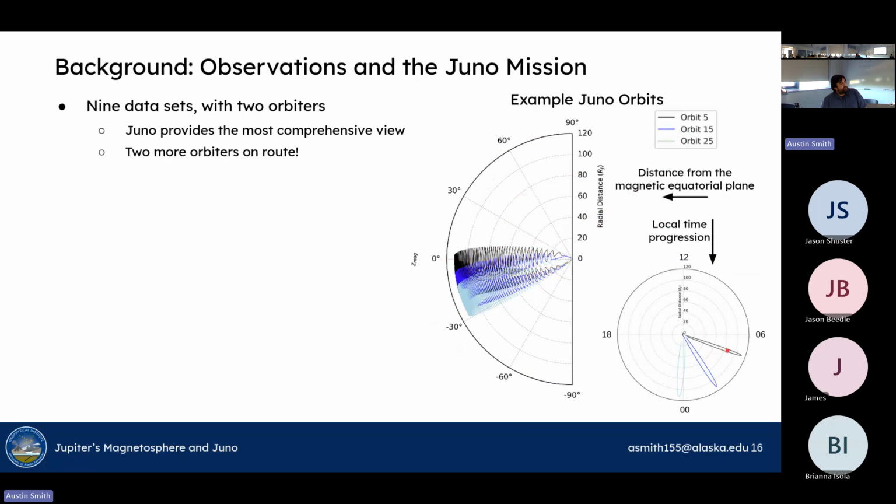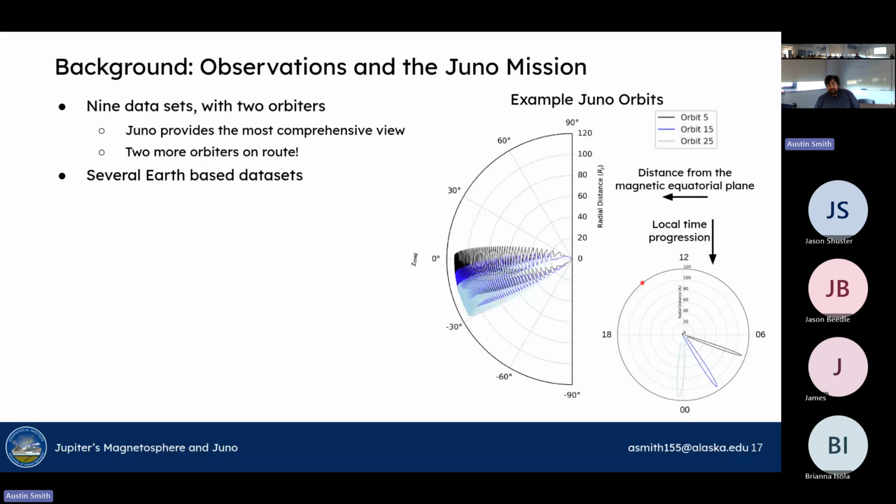And there's also a precession in local time. Orbit 5 was the insertion orbit where data was starting to get collected, and it's now somewhere between noon and dusk. So it's also sampled a lot of local time as well.